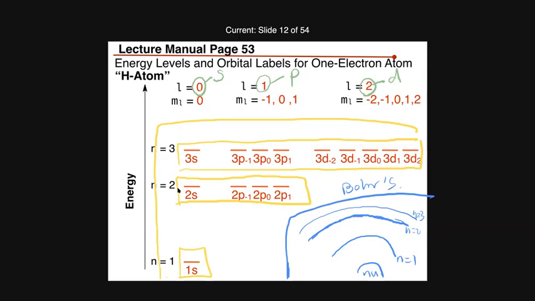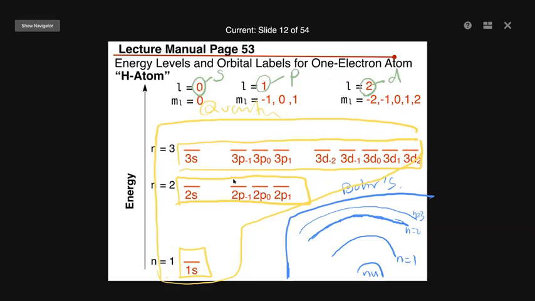This yellow part right here is the quantum model, because the quantum model gives you the detail of each energy level. It tells you that each main energy level actually has sub energy levels within it.